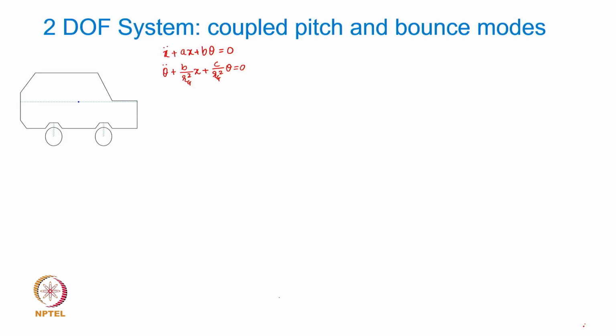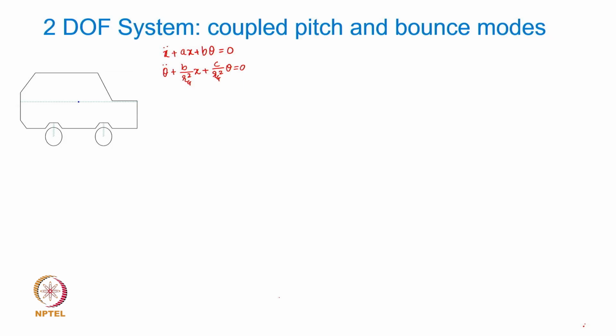Those were the two equations. When there is a pure bounce and a pure pitch motion, they behave like a single degree of freedom system. But we are going to now look at a general coupled pitch and bounce motion.